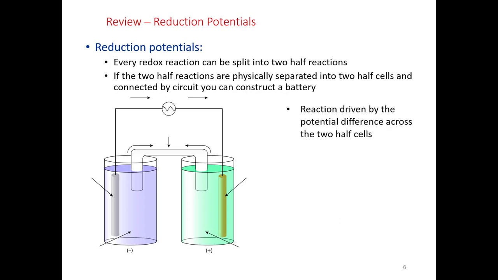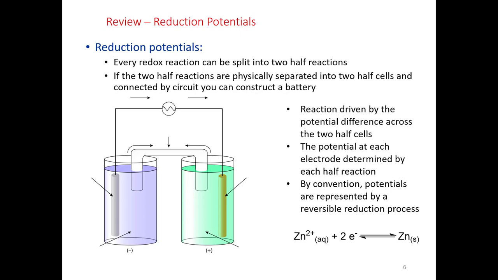In a battery, the reactions at the electrodes are driven by the potential difference across the two half cells. You get oxidation at the anode and reduction at the cathode. The potential at each electrode is determined by the thermodynamic properties of the two half reactions, which can be quantitatively measured. By convention, these potentials are represented by reduction potentials, which describe a reversible reduction process as shown right here.